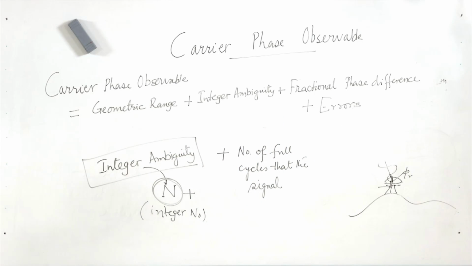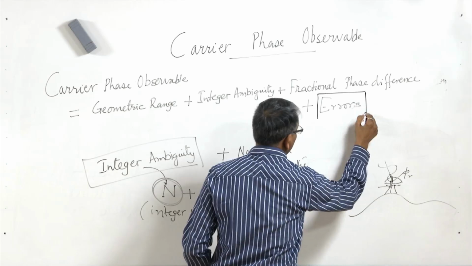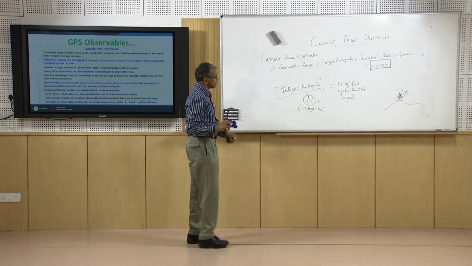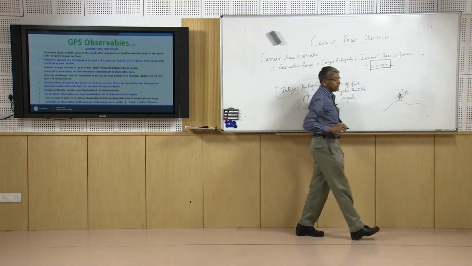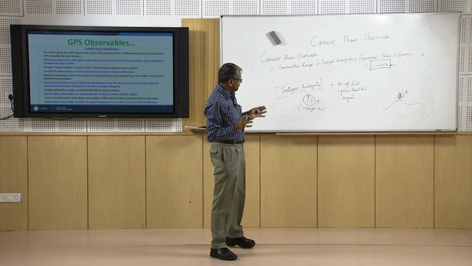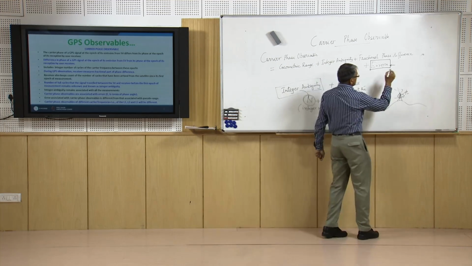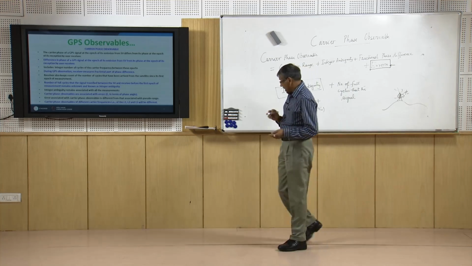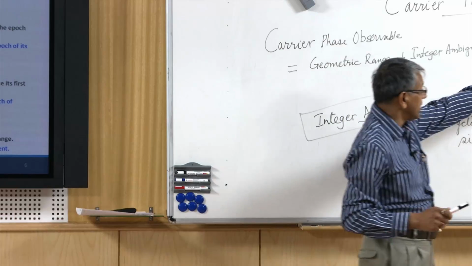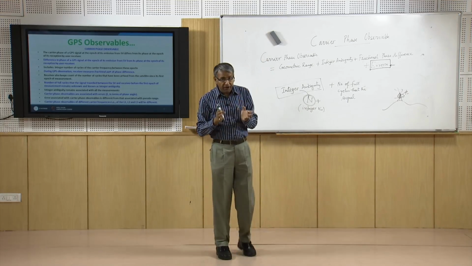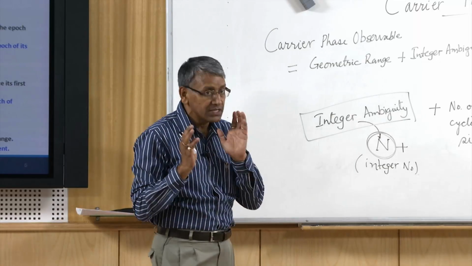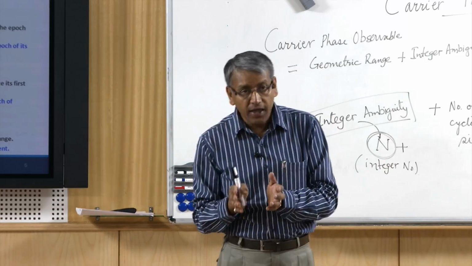Now we have found that errors are present both in pseudo range measurements as well as in the carrier phase observable, but the amount of errors in the carrier phase observable will be different from that in pseudo range. That is one thing to be marked: the amount of error along with the observables is defined for different types of code as well as different types of carrier.